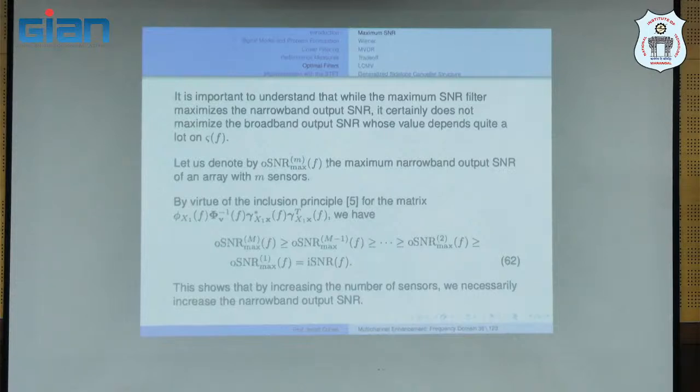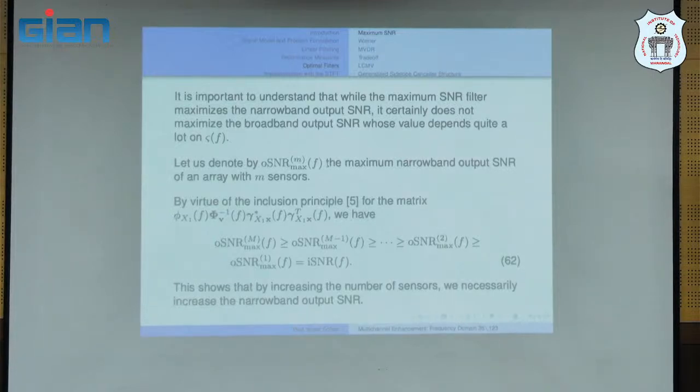What does it mean? Exactly. The additional sensor doesn't include any new information. So it doesn't include the information regarding the correlation.